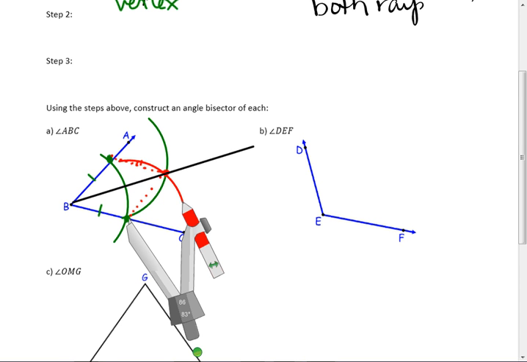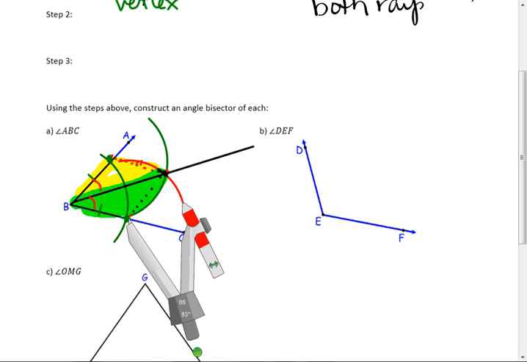Then if I were to color those triangles, this triangle is the same as this triangle. Well, if it's the same, then all the parts in there are the same. So this angle would be equal to that angle.